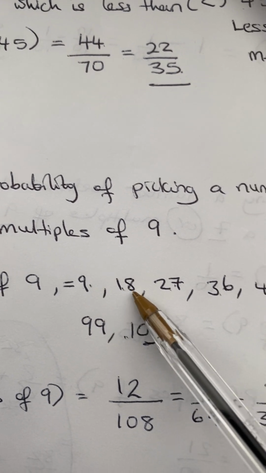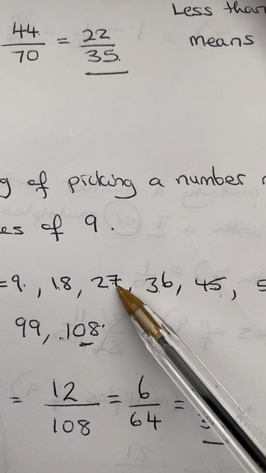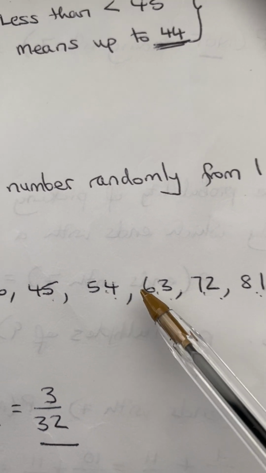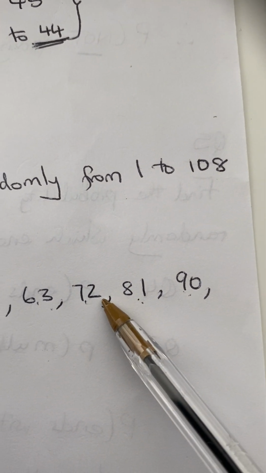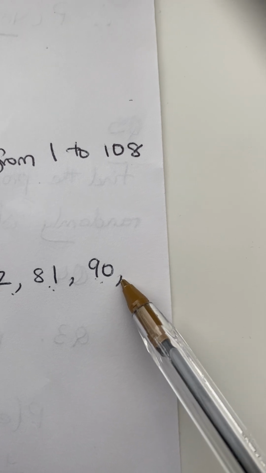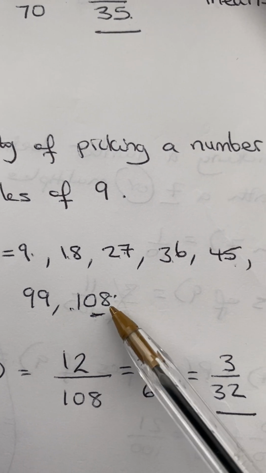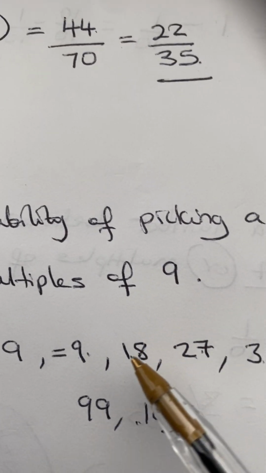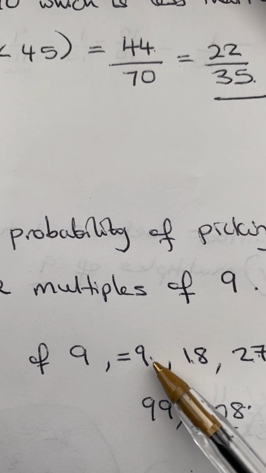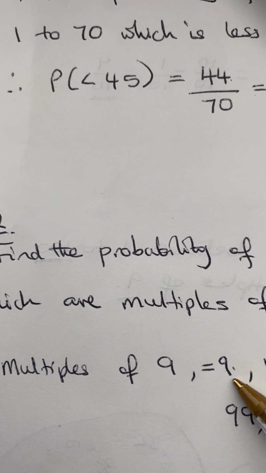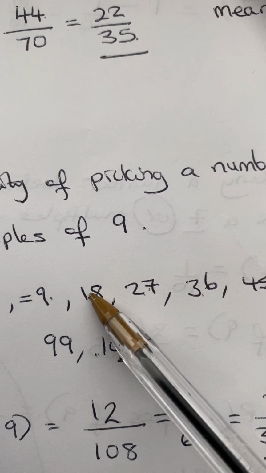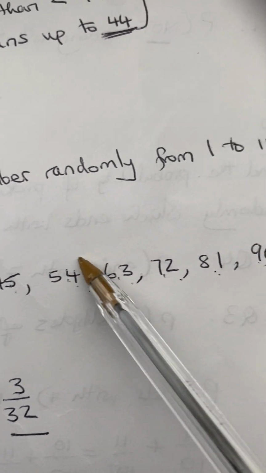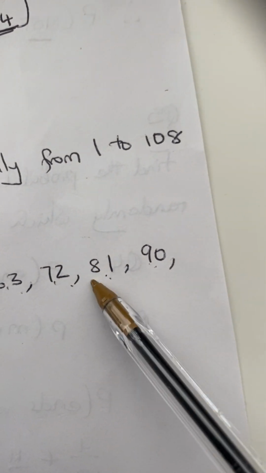So 9, 18, 27, 36, 45, 54, 63, 72, 81, 90, 99, and 108. If you don't know the times table, another thing you can do is you start with 9 because you want the multiple of 9. Then each time add 9, and you get all the numbers you need so that you can count them.